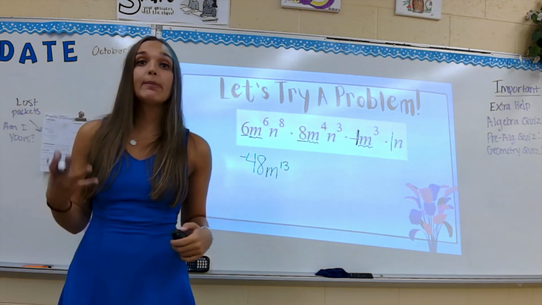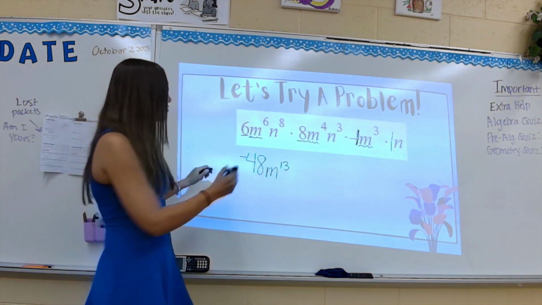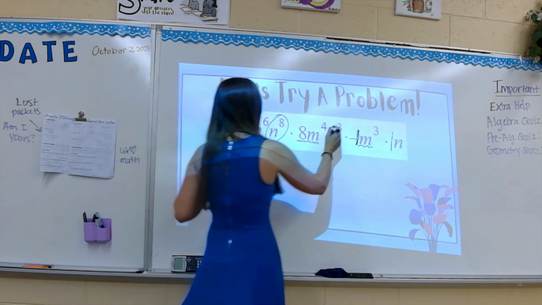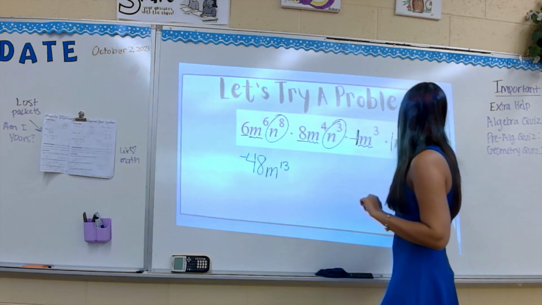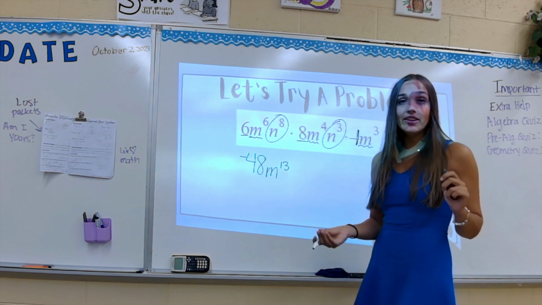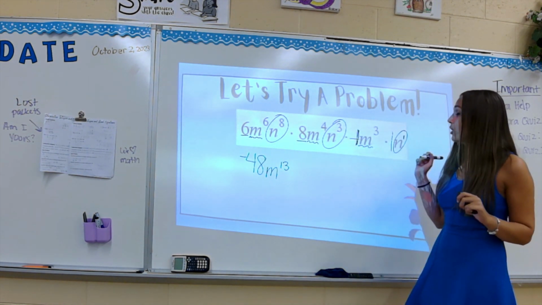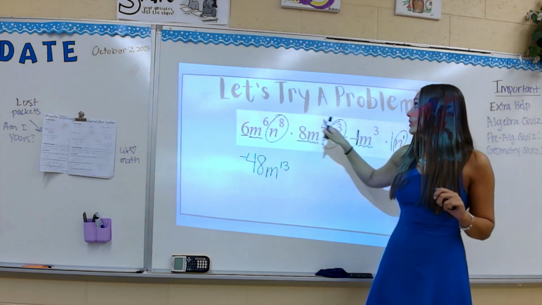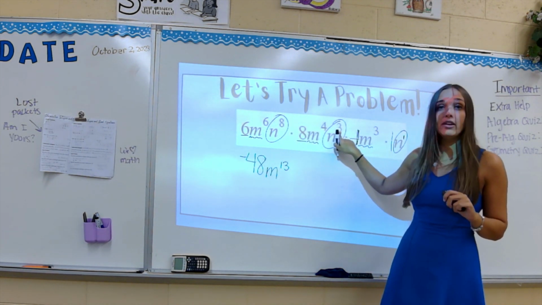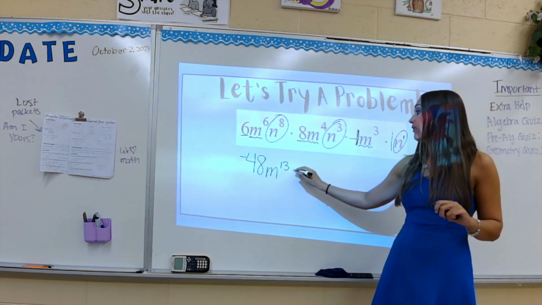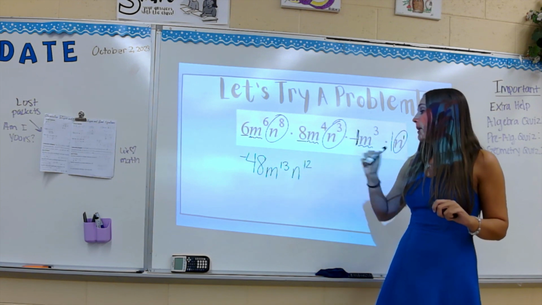Now I'm going to do the same process with my n's. So I have n to the 8th, n to the 3rd, and this n. And remember that n has an exponent of 1. So I'm going to add those up. 8 plus 3 gives me 11, plus 1 gives me 12. So I'll have n to the 12th power.